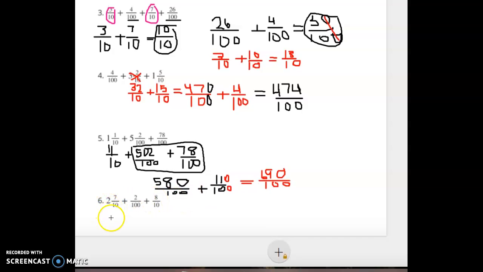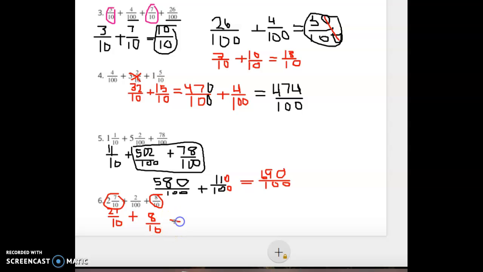For this one, we have 27 tenths plus 2 hundredths and 8 tenths. I'm going to add my tenths together first. So 27 plus 8: 27, 28, 29, 30, 31, 32, 33, 34, 35.